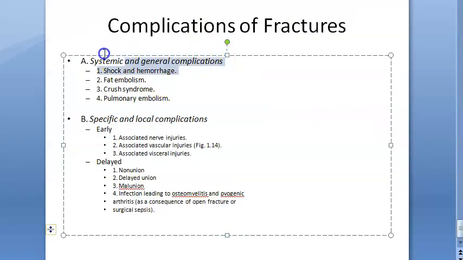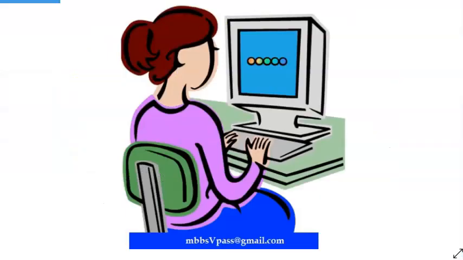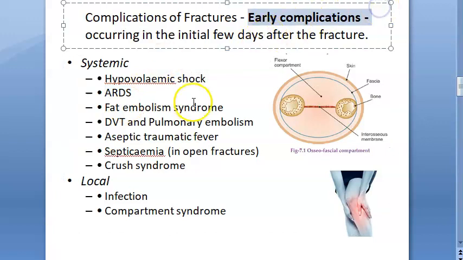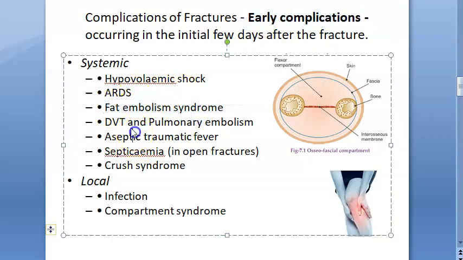Now what we looked at was the systemic complication. Guys, this systemic complication of hypovolemic shock can be followed by ARDS, the acute respiratory distress syndrome, as a sequel to the shock. So you need to know about this. But this is an early complication. So in systemic itself, we have moved on to early, if you notice. Right, and then there can be fat embolism, deep vein thrombosis, pulmonary embolism, right?